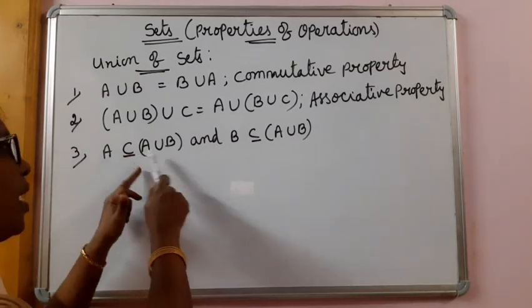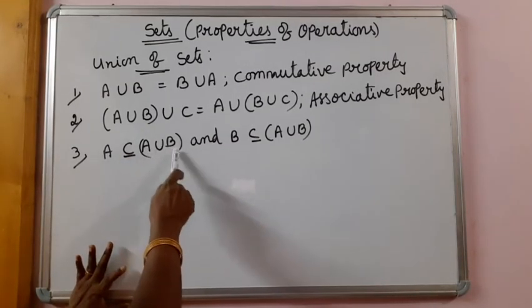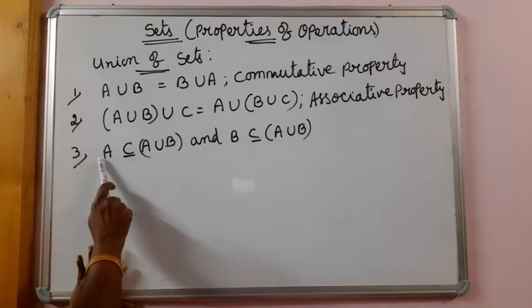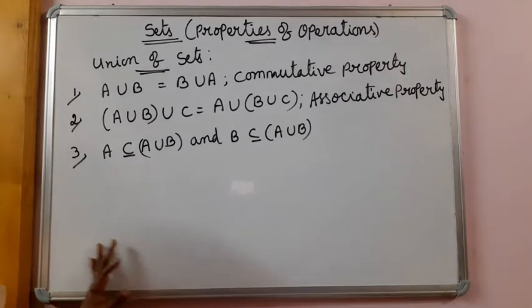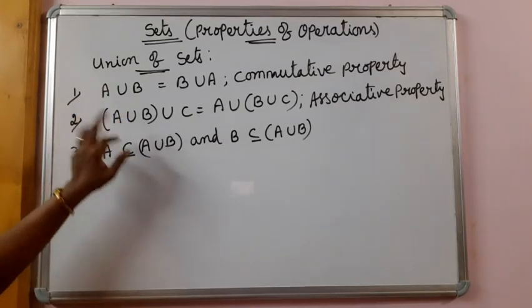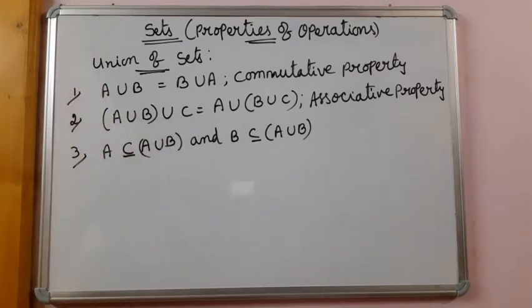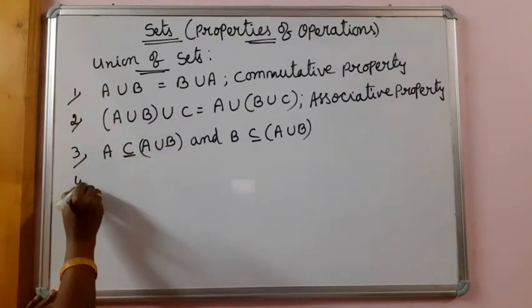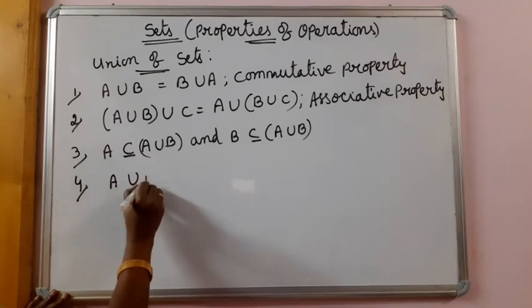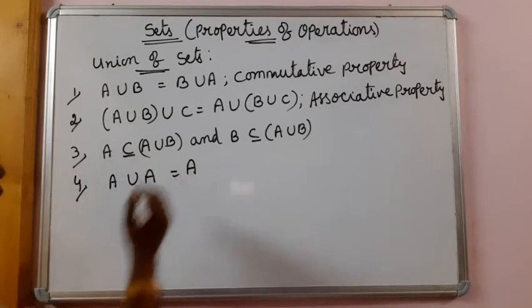Because we know that union means every element of A and B is there. That means naturally A is a subset of A union B and B is a subset of A union B. That means individual sets are subsets of the union of both the sets.